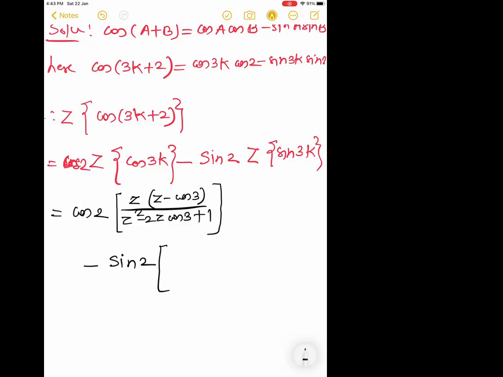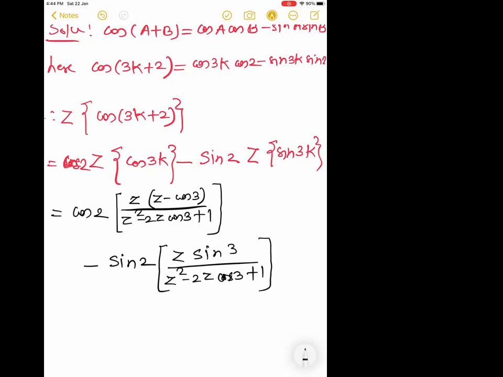The numerator you are getting as z sin alpha. Yes, so z sine 3. Correct? Z sine 3 upon the denominator, which is the same, z square minus 2z cos 3 plus 1. It remains the same.